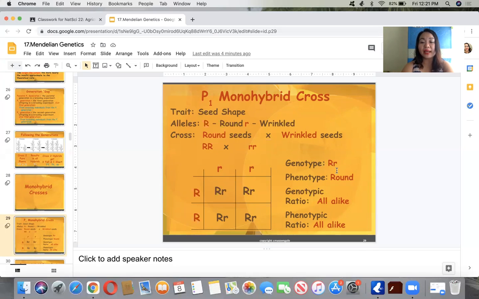So the genotype is all big R and small r, and the phenotype is all round, since they have the capital letter R, which is the round and dominant allele. So we have a genotype ratio that is all alike and a phenotype ratio that is all alike. They are all round.